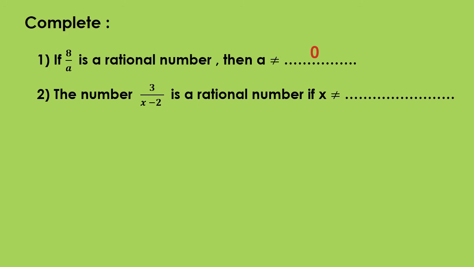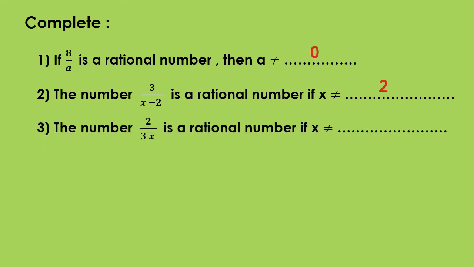Here you can solve the equation in the denominator. x minus 2 equals 0, to find the value of x. x equals 0 plus 2, by using the inverse operation of subtraction. It will be 2.